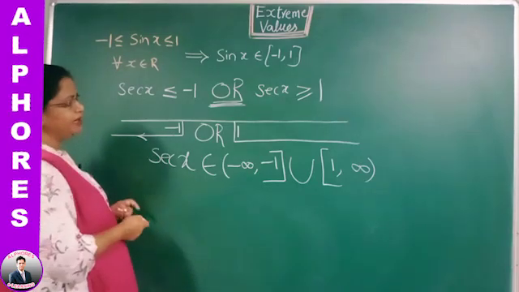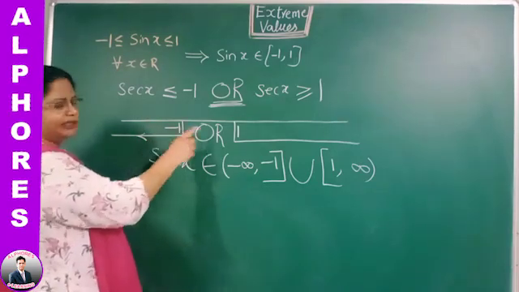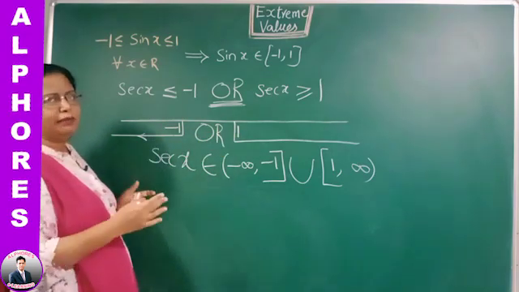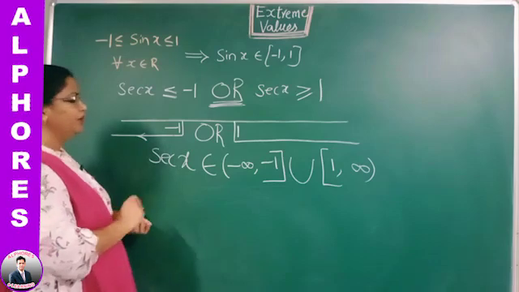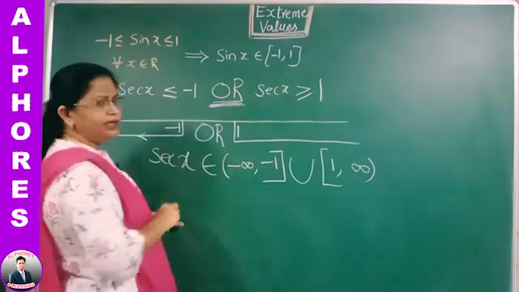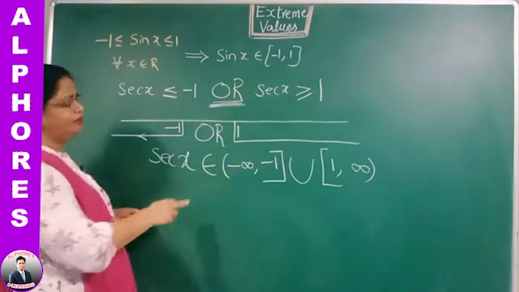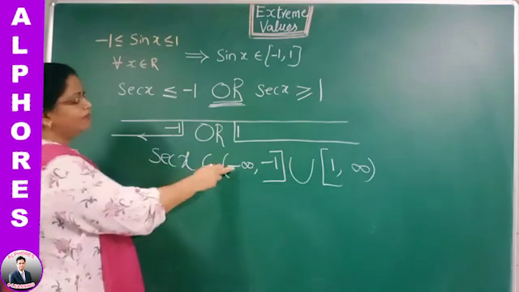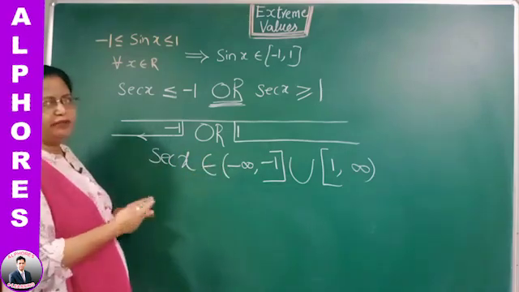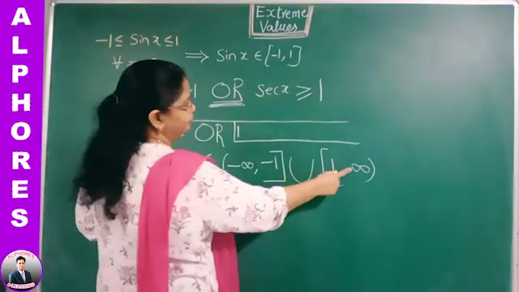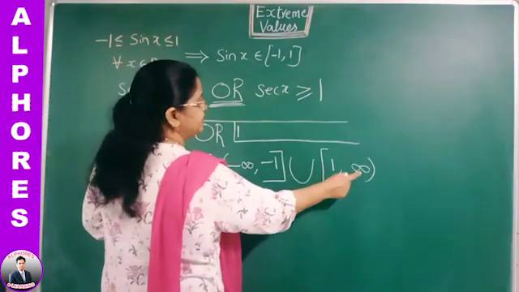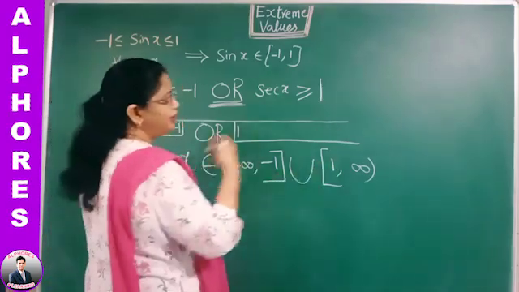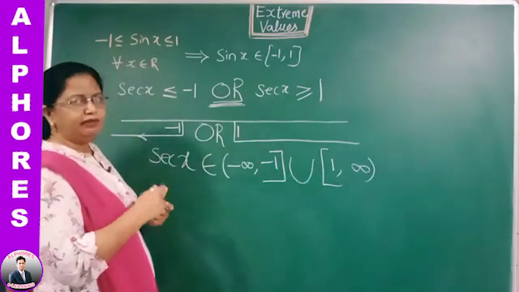So either the minimum value exists here or the maximum value exists, but both cannot happen simultaneously. Moreover, for minus infinity you cannot say it is the least value because it is an open interval, and we don't know the least extreme value. At the same time, you can't say infinity is the maximum value, because we don't know that particular value.